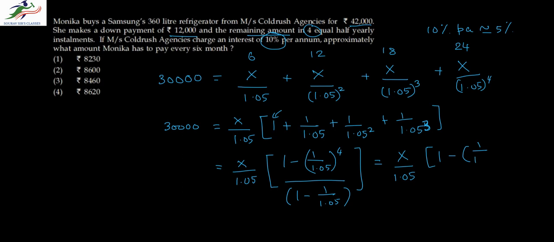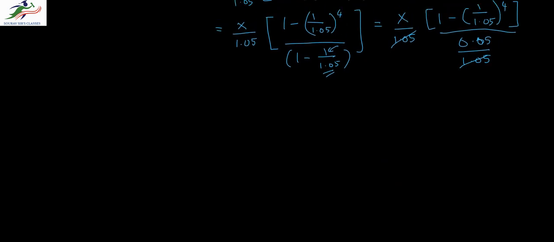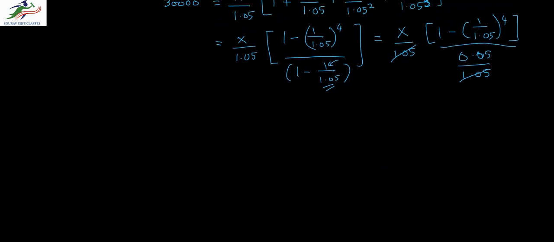I'll come back to this 1.05 whole to the power 4, and the denominator becomes 1.05 minus 1, so 0.05 over 1.05, and these two cancel out, and I have X into 1 minus 1.05 to the power 4 divided by 0.05.